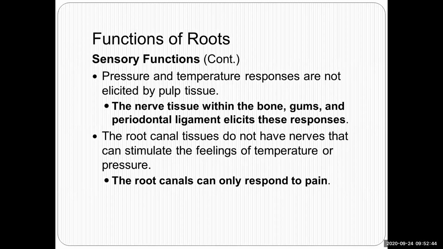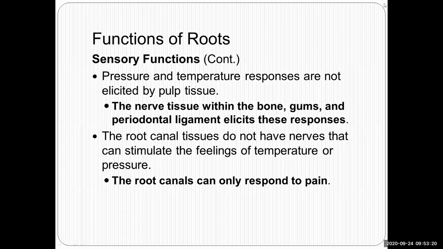Pressure and temperature responses are not elicited by the pulp tissue. The nerve tissue within the bone, gums, and periodontal ligament elicits those responses, because we've got that hammocking, our PDLs, we have nerve tissues, we've got our gum tissue, we have everything surrounding the root, which allows our body to interpret what we're feeling.